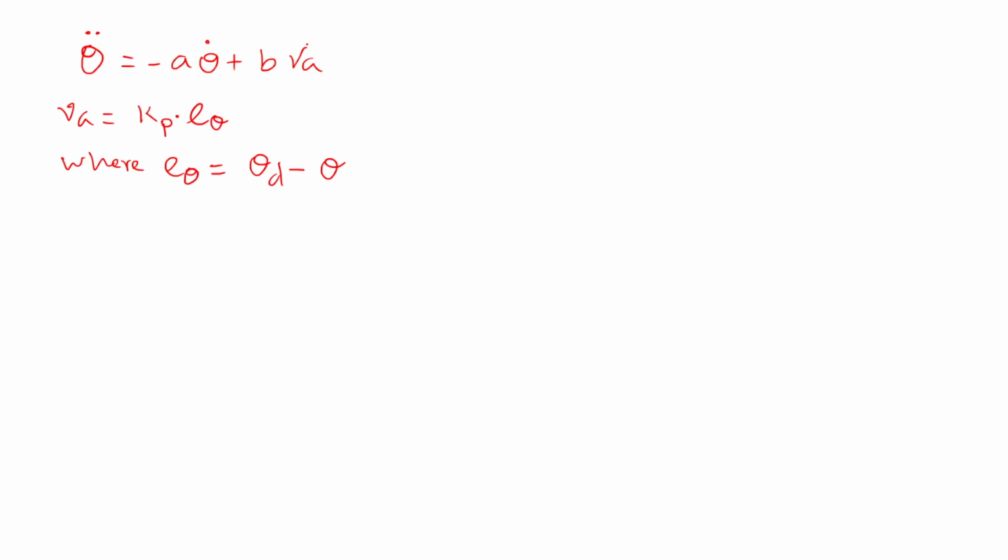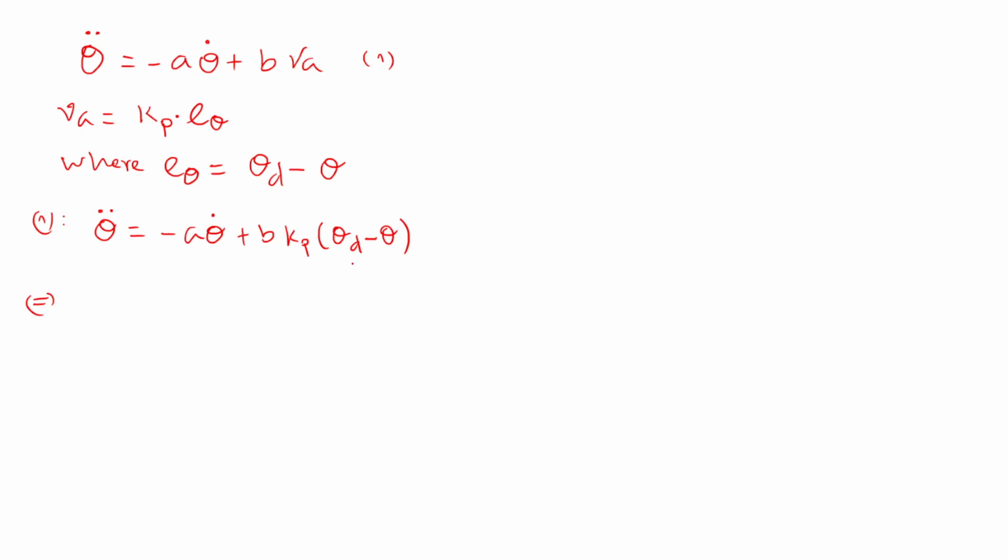So from equation 1 here, you can rewrite theta double dot equal to minus a theta dot plus b Kp times theta d minus theta.